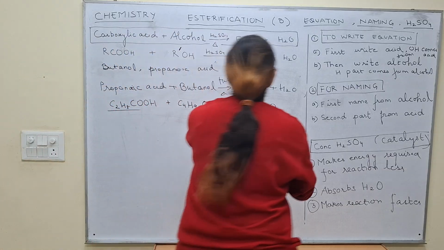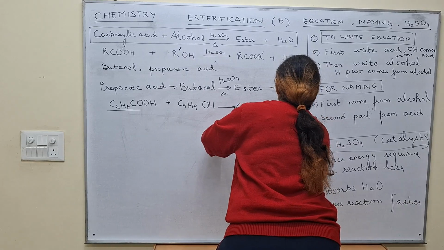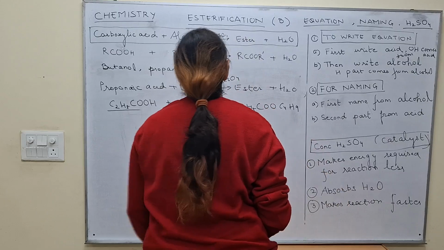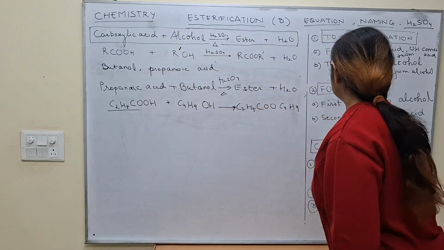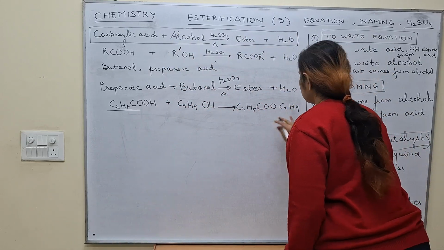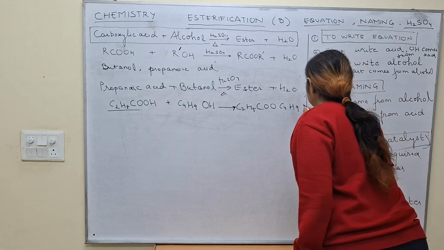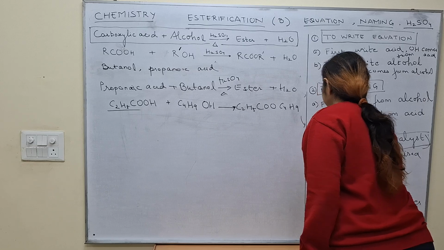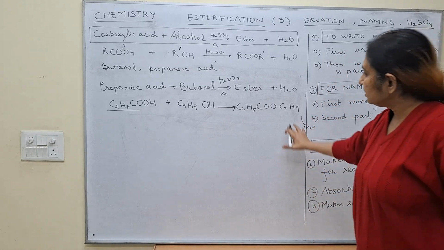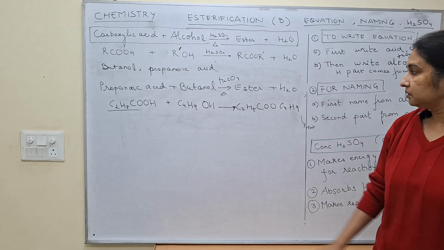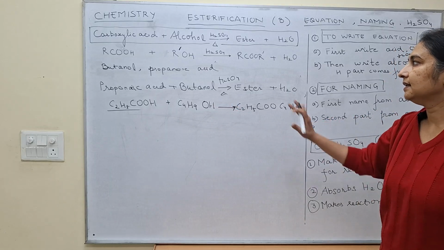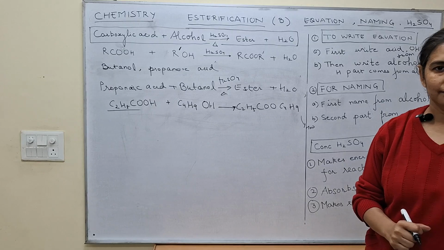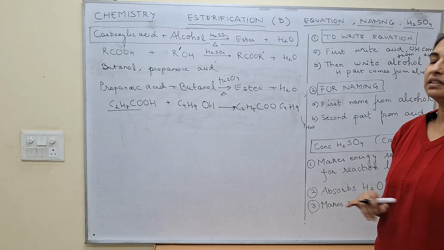Now after COO, it will be C4H9. So this is the ester. I don't want to write water because it will make it messy. I'm writing H2O here. So this is the ester which will be formed out of propanoic acid and butanol. Okay, so that's how you make the ester.